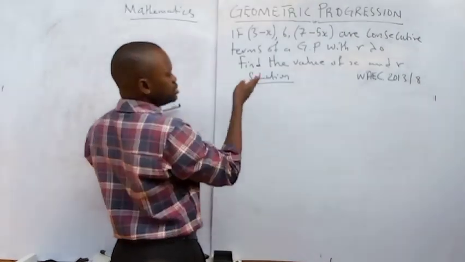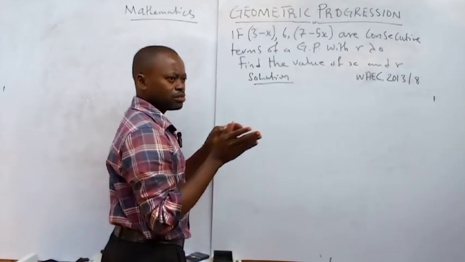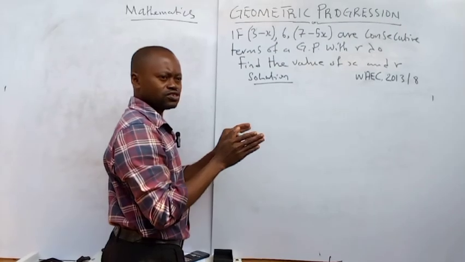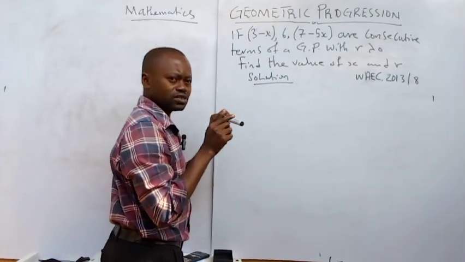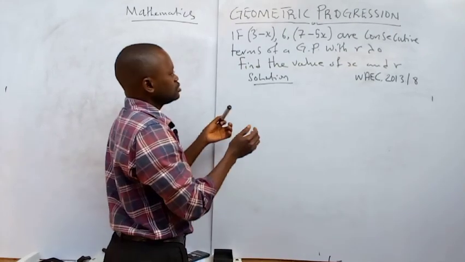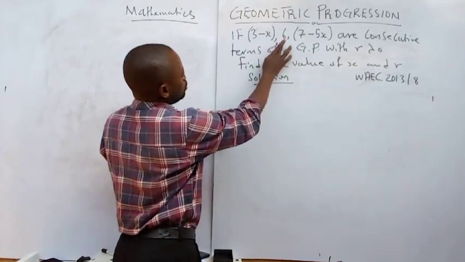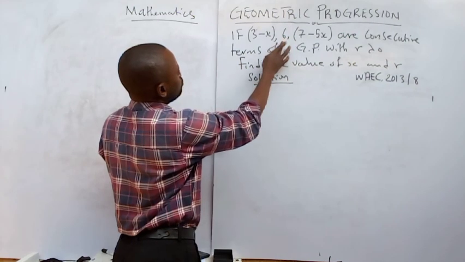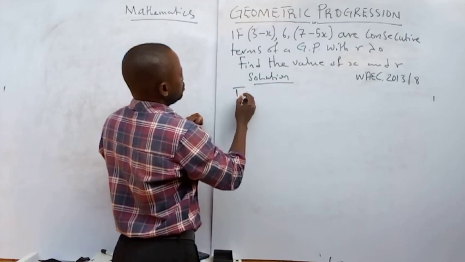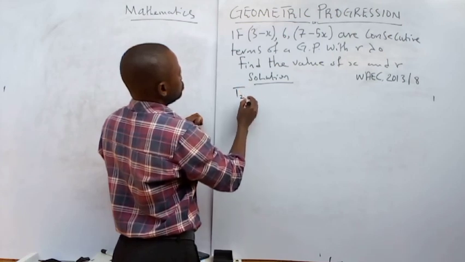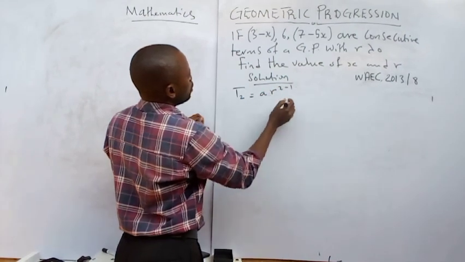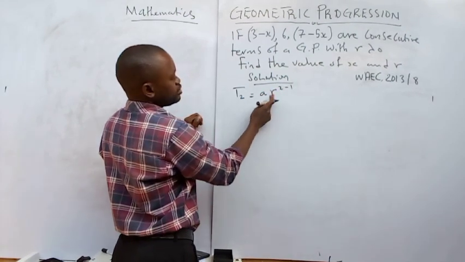In the last class I was talking about an access point: in every mathematical question, you must find a point through which you can penetrate that question and start resolving things. Here, T2 equals a r raised to power 2 minus 1, but the common ratio is unknown.